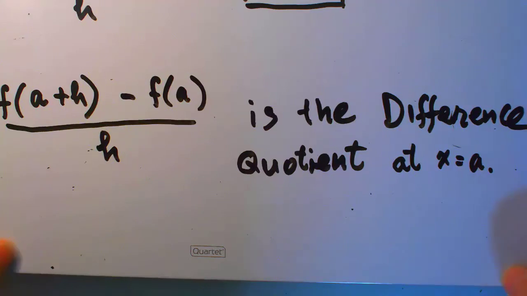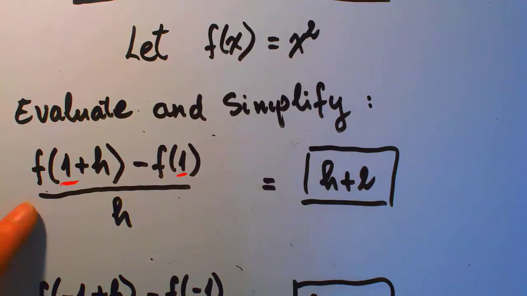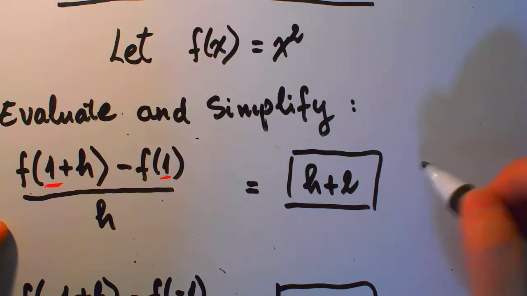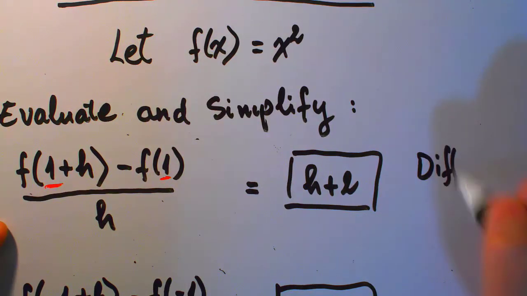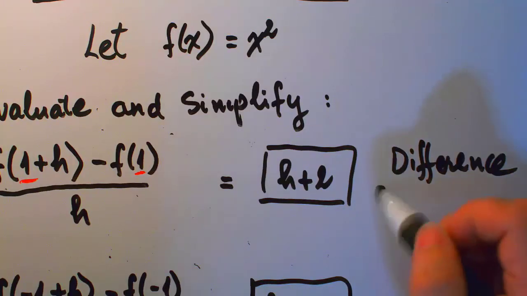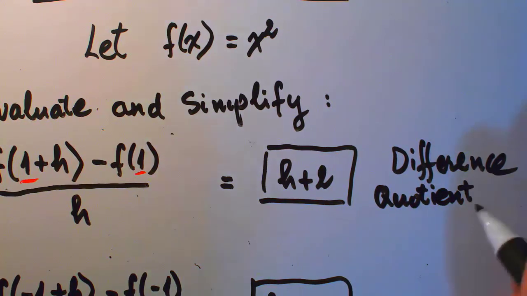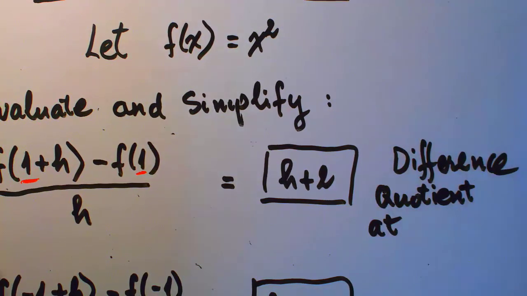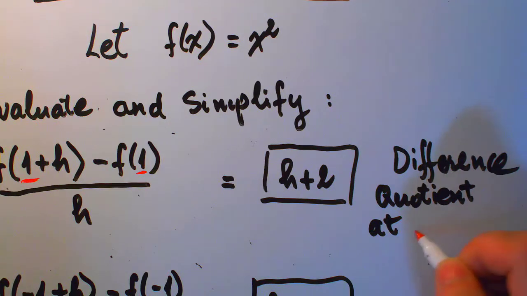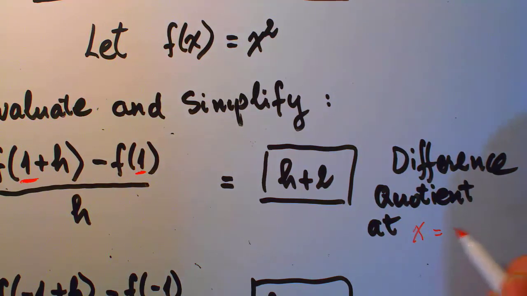So in my starting example, that example was the difference quotient at x equals 1.